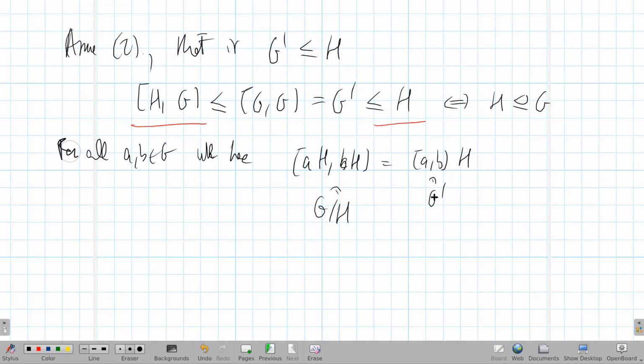Well, this element is in G prime, which is contained in H. So by the standard fact that I recall, this is just H, the identity of G over H. So we have proved that for all A and B in G, this commutator is trivial in G over H, which means that G over H is abelian.